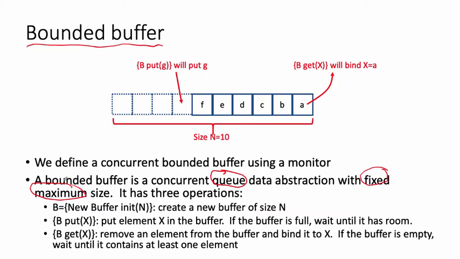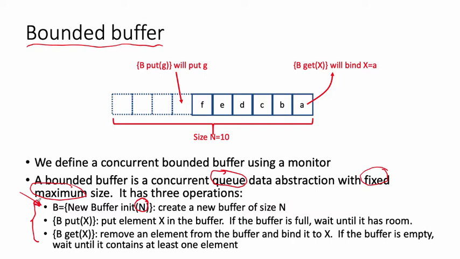You can put elements in. There are 3 operations. You can create a buffer of size n. The size is an important parameter. You allocate fixed memory for the buffer. The important thing about a buffer is that it will never overflow your memory. It's very important if you want to manage the memory.